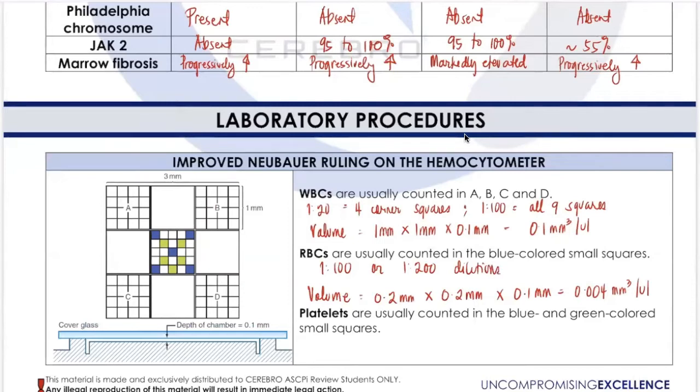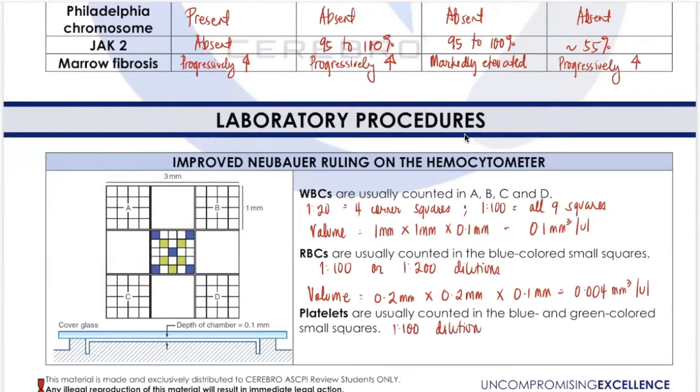Okay. And lastly, we have the platelets. The platelets are counted in all 25 squares in the central large square. Okay, so having said that, it's like you are counting the entire central large square. So typically, the dilution that is employed for platelets is 1:100. Okay, this is the typical dilution for platelet count.